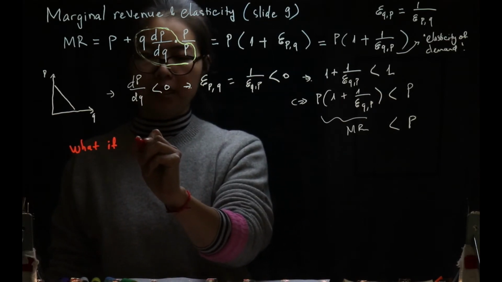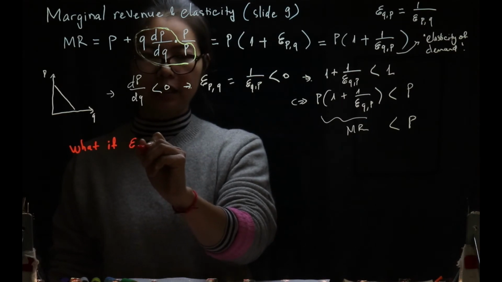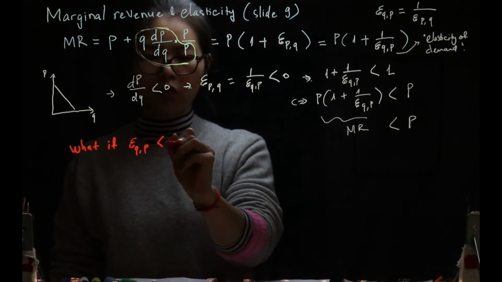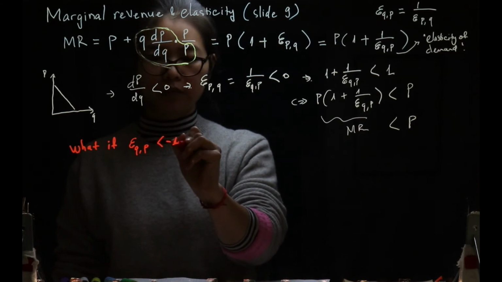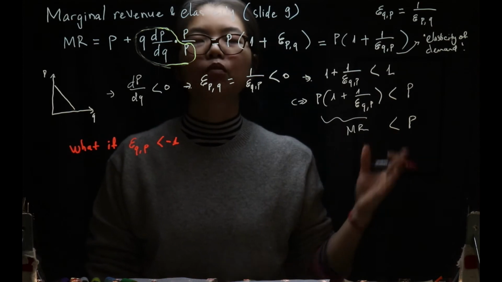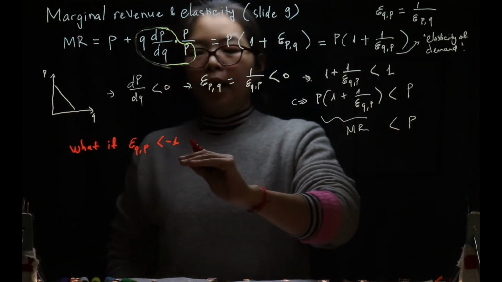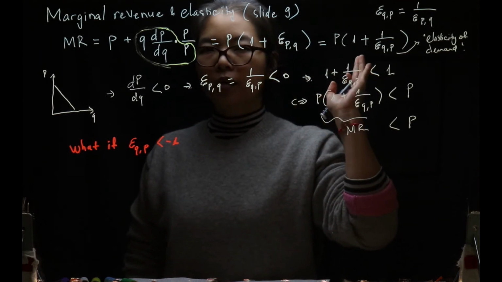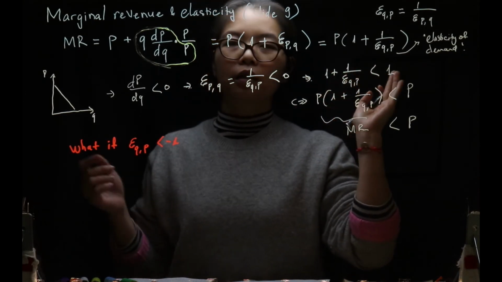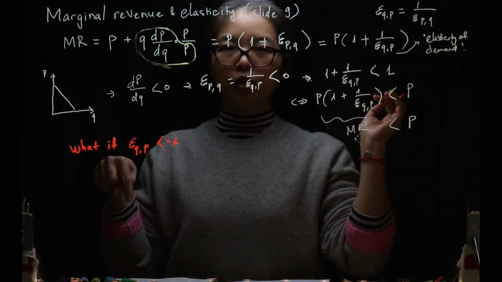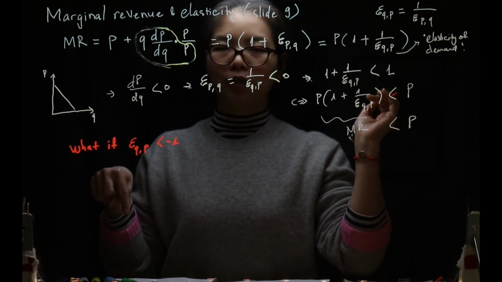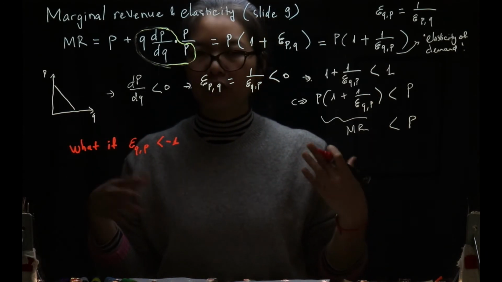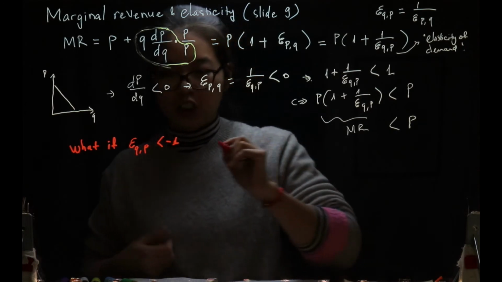Elastic demand means the elasticity will be smaller than -1. Smaller here means more negative. And that means when price increases by 1%, the demanded quantity will decrease by more than 1%. So demand reacts more responsively to price change.